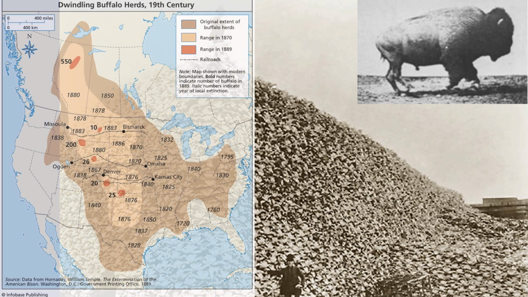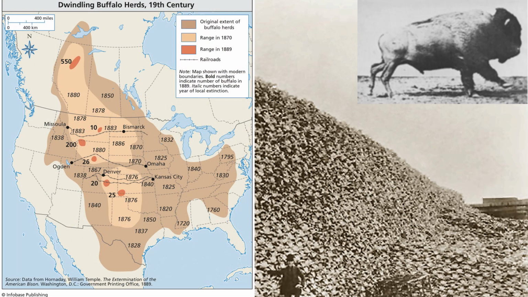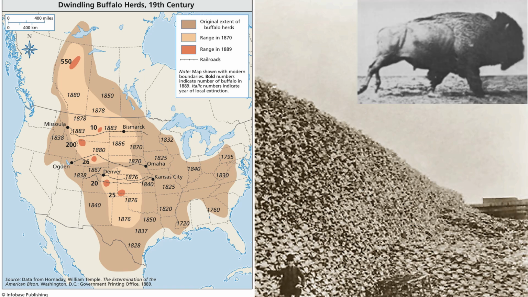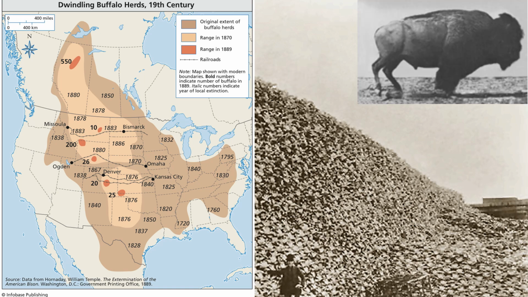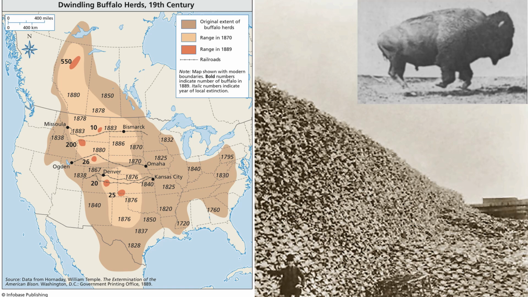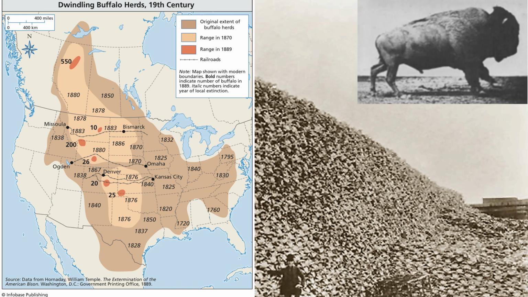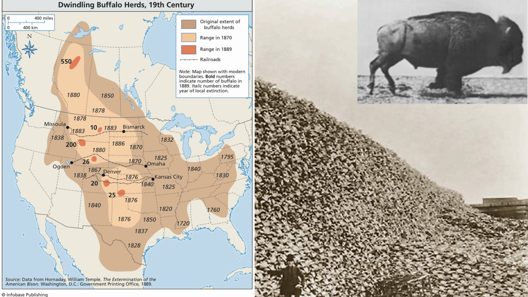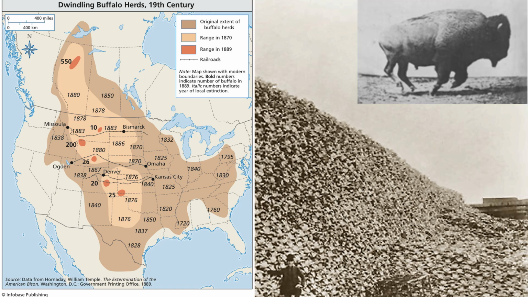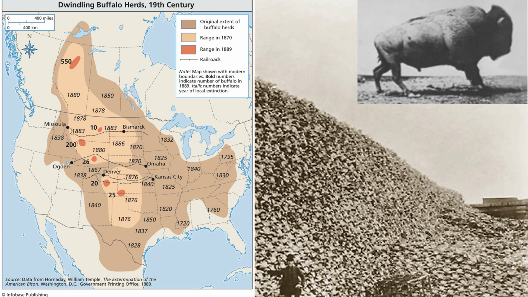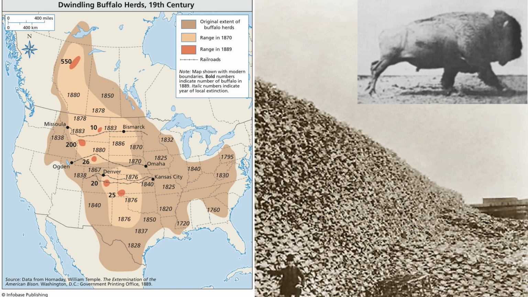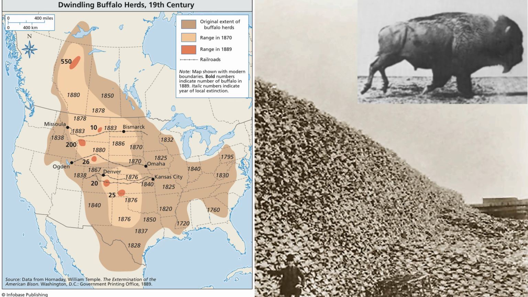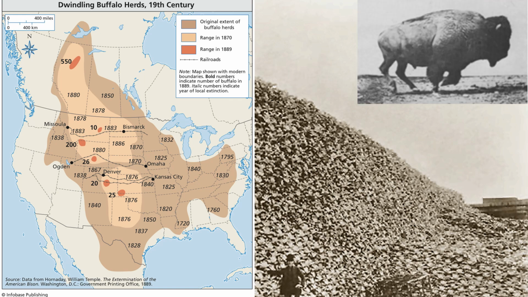If we have a look at the map here of their range, it's astounding how quickly their numbers were reduced. In brown, you can see the original extent of the bison herds. They covered much of North America. In 1870, it was reduced to what you see in beige, and only 19 years later, in 1889, it was reduced to those small red patches.